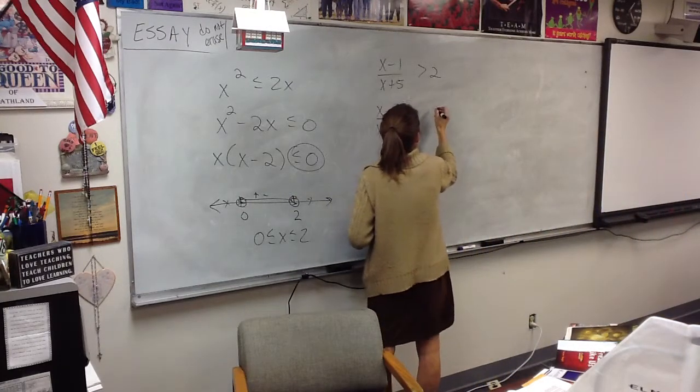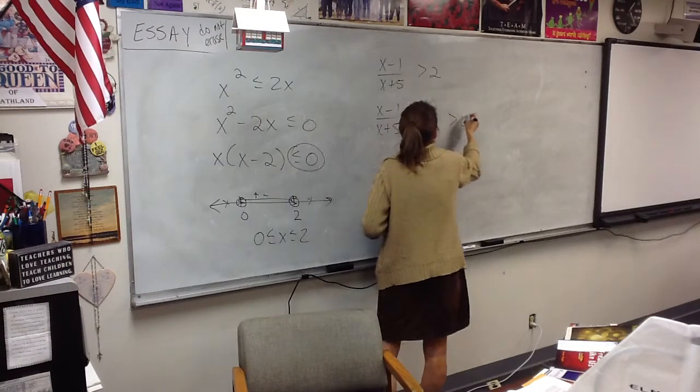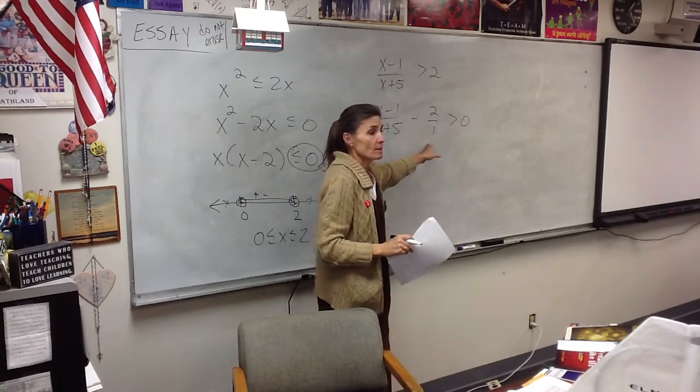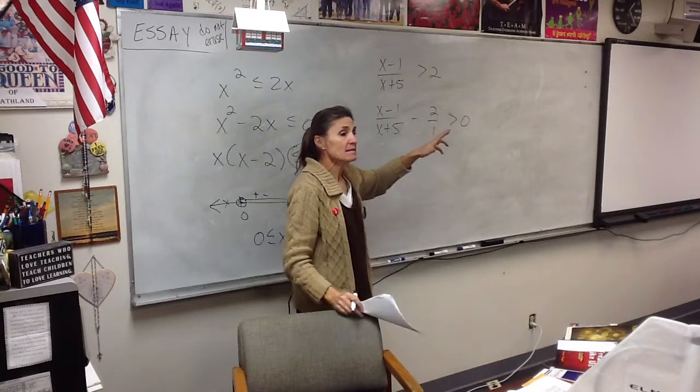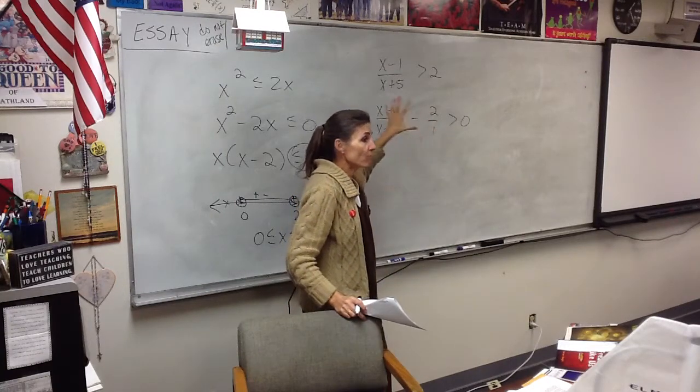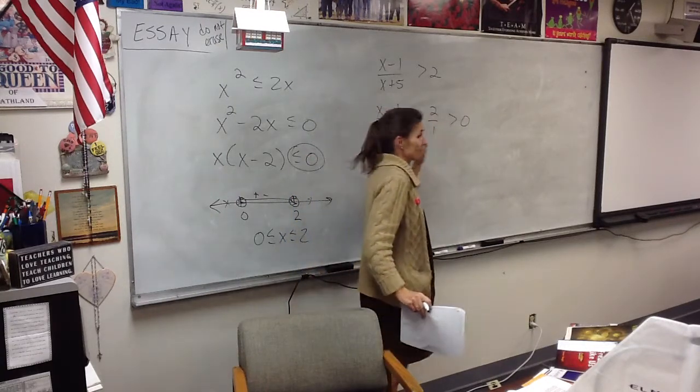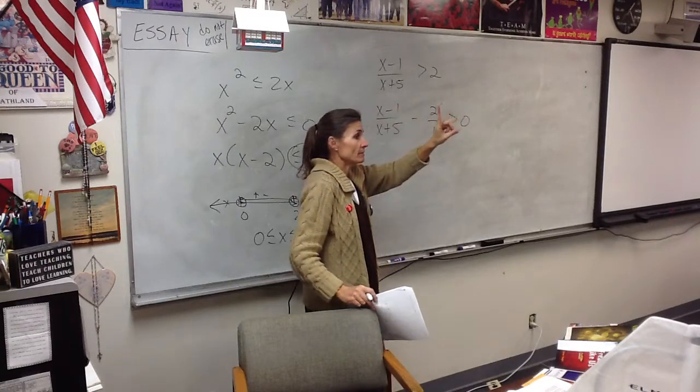And Adam, when we subtract 2, let's think about it as a fraction, because we need to get one fraction over here. We don't want two things. We want one thing.